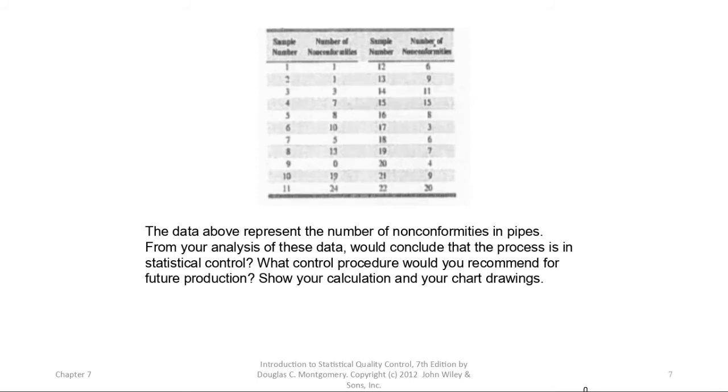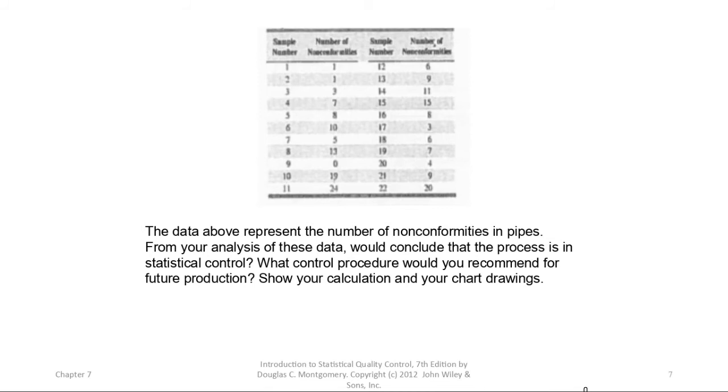As I always mention many times, pay attention to the difference between nonconformities and nonconforming, and defect and defectives, because both of them, we can say, are sides of the same coin. The nonconforming is equivalent to defectives. The nonconformities is equal to defects.